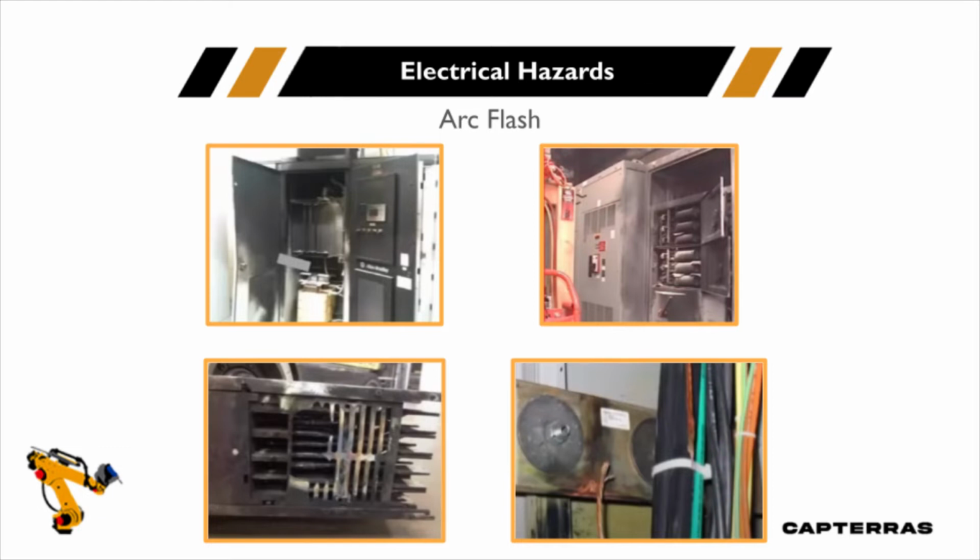Now you can't see it because I had to make the picture white. The picture was actually very dark, and I had to brighten it up and adjust it a little bit so you could see inside the drive. But in this drive, the walls were blackened, everything was blackened around the drive because even though the doors were closed, the arc came up through the vent holes.